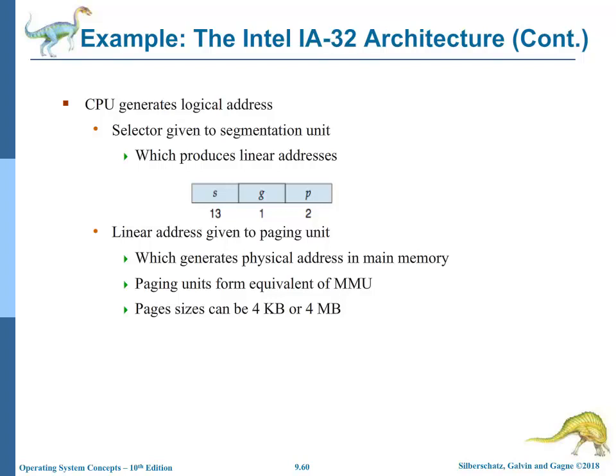The linear address given to the paging unit generates the physical address in main memory. Paging units form the equivalent of the MMU, the memory management unit. The page sizes can be 4 KB or 4 MB.